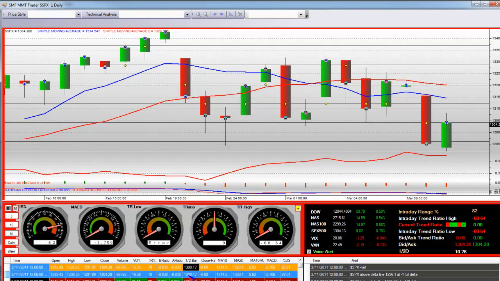And that's at 1300.17 half bar, and that was done on 3/11/2011. Basically, this big daily reversal bar right here is 1304.97, and that was on 3/10/2011.